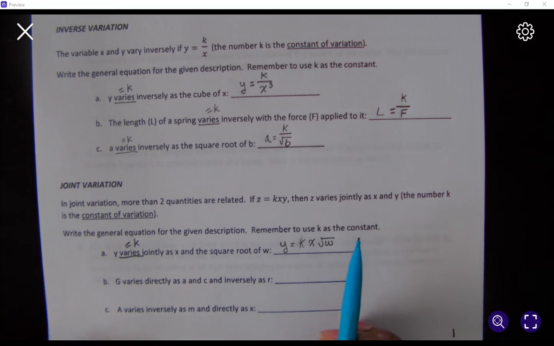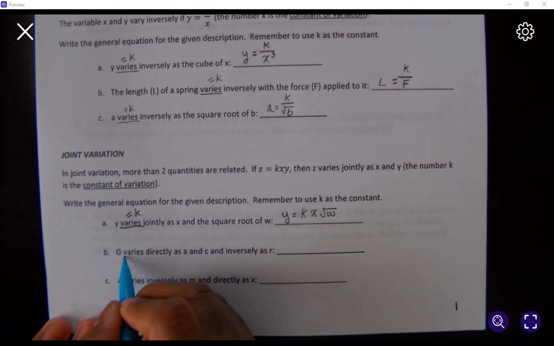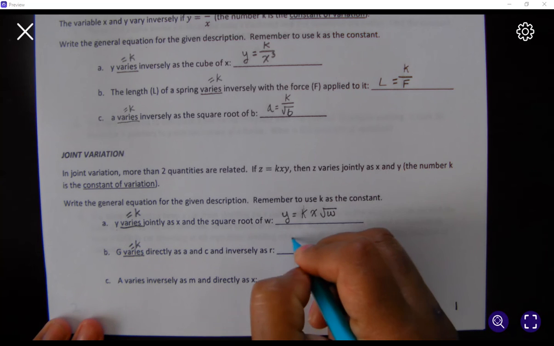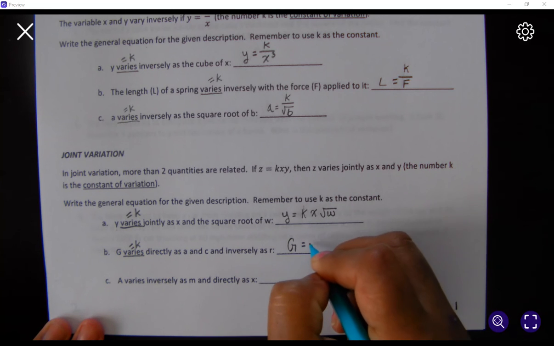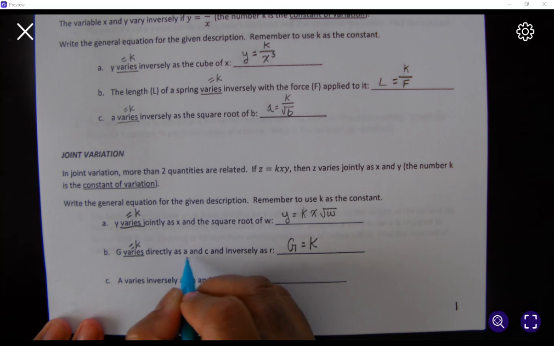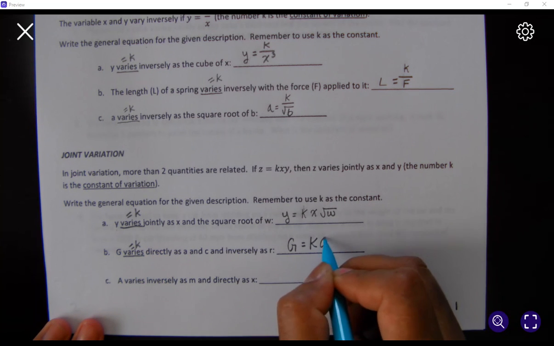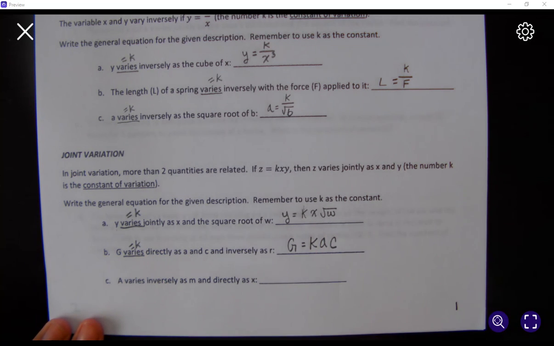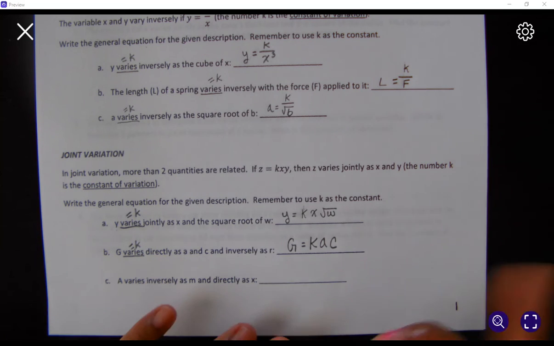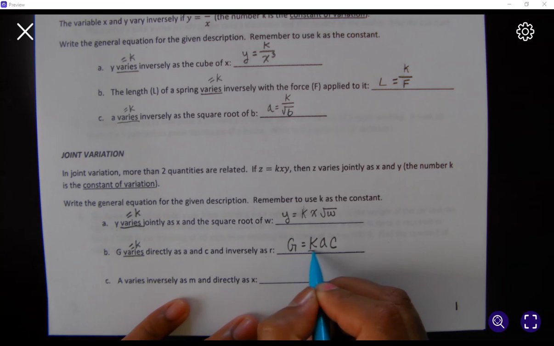B, you have the word varies, so G varies, so G equals K. Directly as A and C, so directly just means multiplied, A and C, and inversely with R. Okay, so if it's inversely with R, it goes in the denominator.